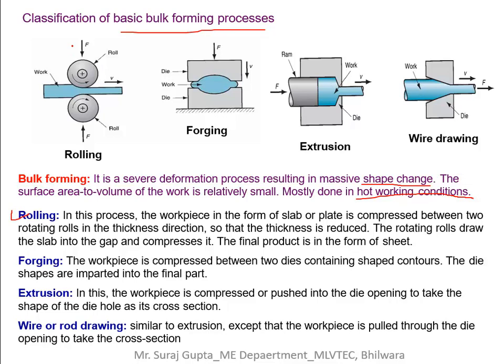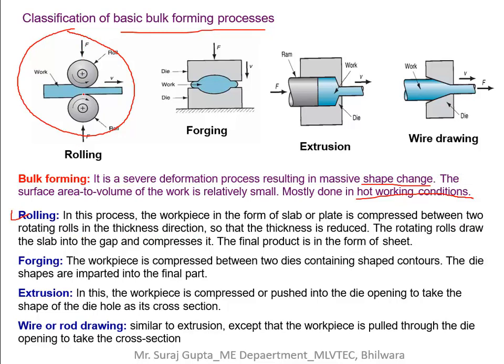So rolling, what is rolling? Rolling is the first process, and this figure shows the rolling process. This is the same as a sugarcane juice making machine. In this process the workpiece in the form of slab or plate is compressed between two rotating rolls in the thickness direction. So the rolling force is applied on this material in the thickness direction.